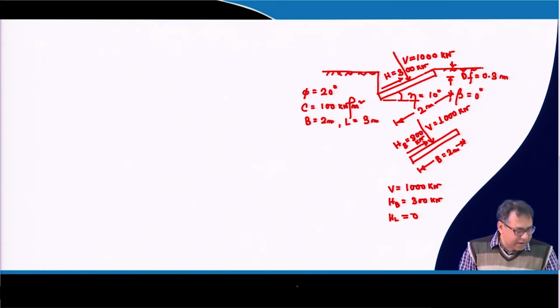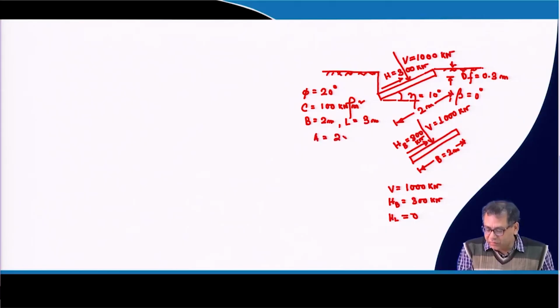Okay. And you consider the general shear failure where A is equal to 2 into 3, that means 6 meter square, and you have to consider the general shear failure because it is a C phi soil.